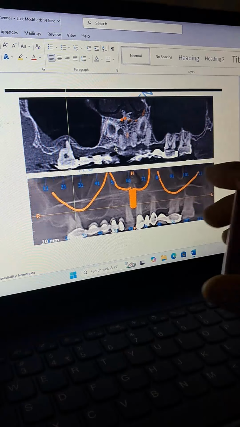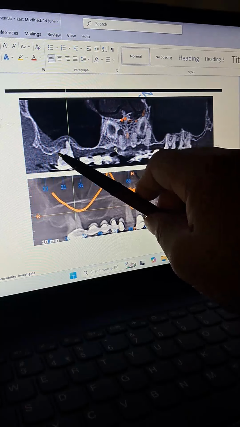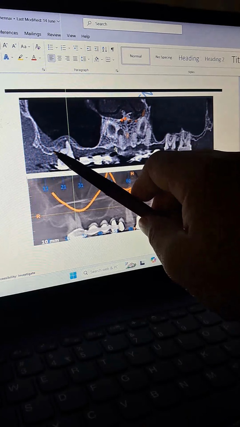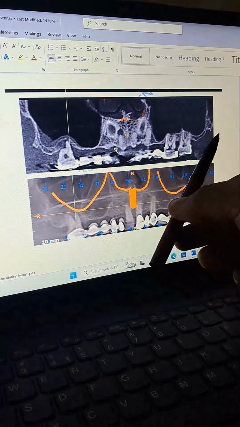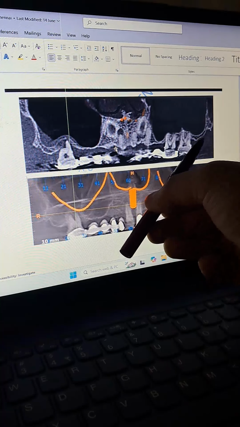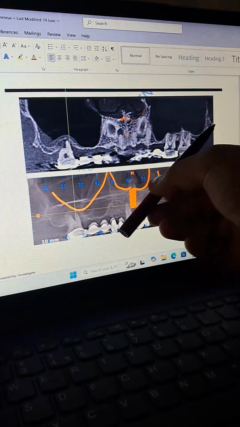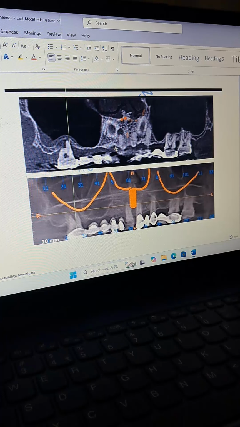That means while drilling, if you start drilling distal to the second molar here, invariably you will hit the pterygoid plate. But in this case, if you start drilling distal to the second molar, you may miss the pterygoid. These are things we should be aware of, bring into consideration, and visualize in our brain while operating.